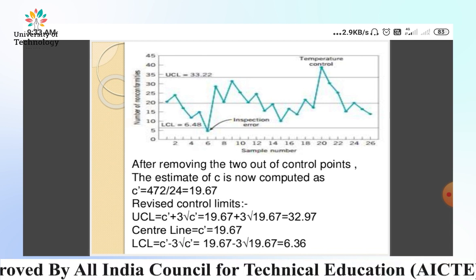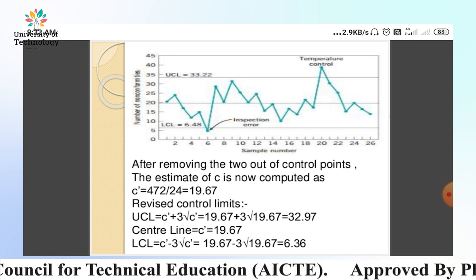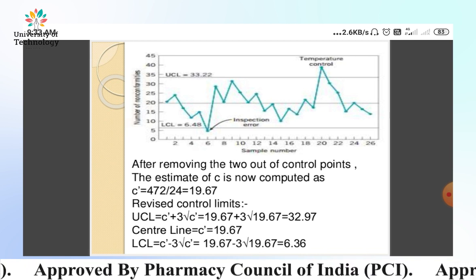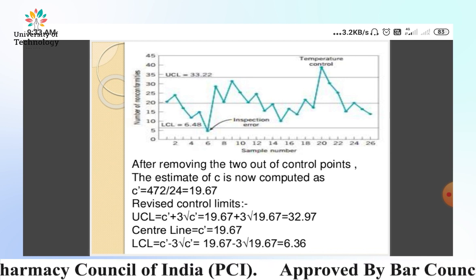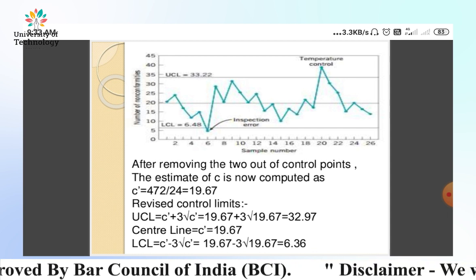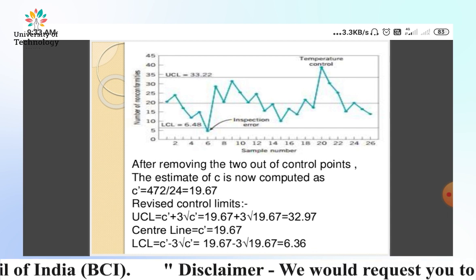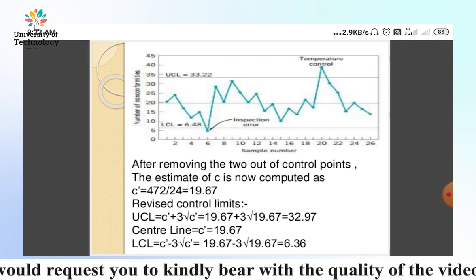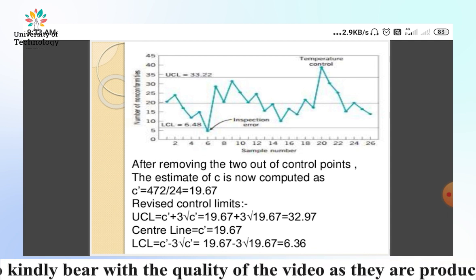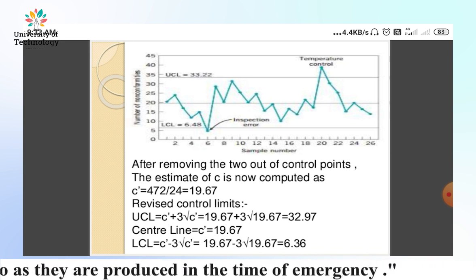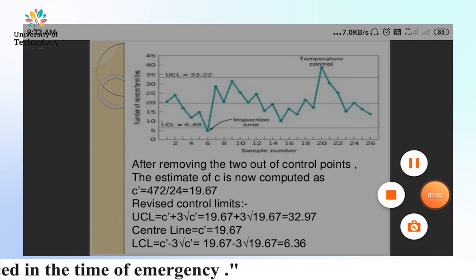The revised control limits will be: upper control limit C dash plus 3 root C dash, which is 19.67 plus 3 root 19.67, equal to 32.96; central line C dash will be 19.67; and lower control limit will be 19.67 minus 3 root 19.67, the value will be 6.36.